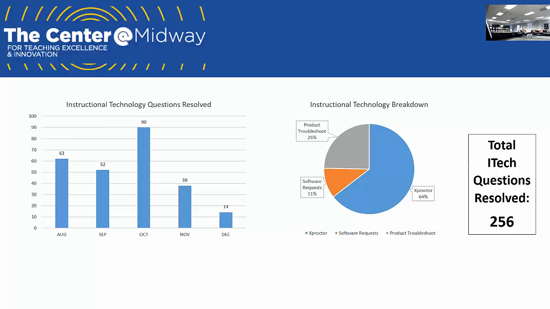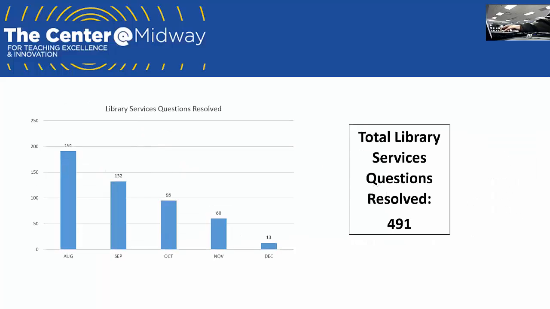So places where we came to you guys to help you use instructional technology. And then 25% was troubleshooting that. Once we got you set up with it, you had additional questions. So for a total of 256 opportunities to help faculty and students with those types of questions.